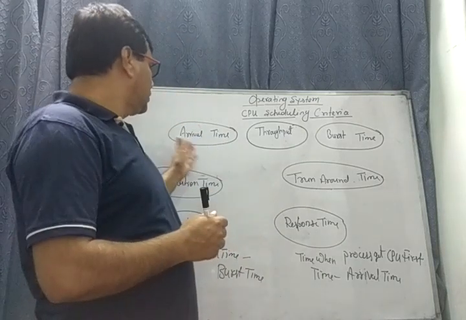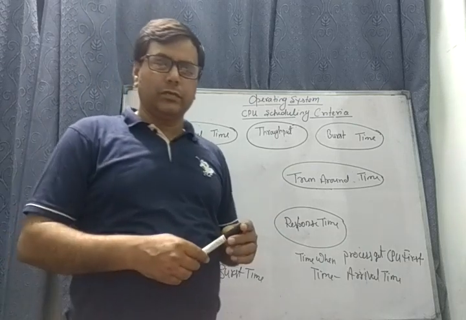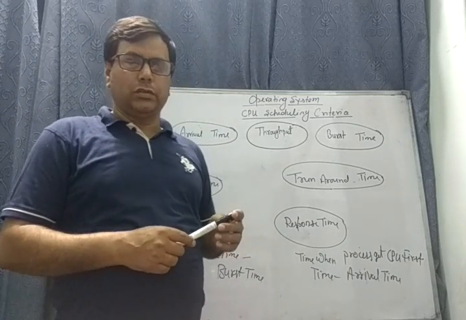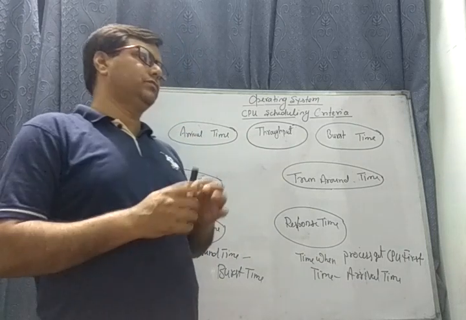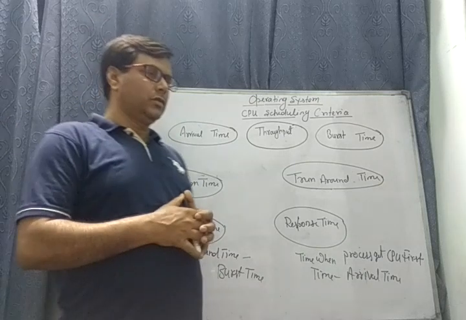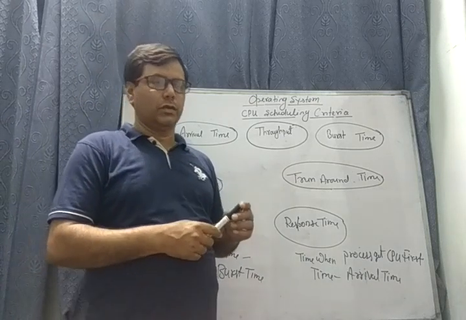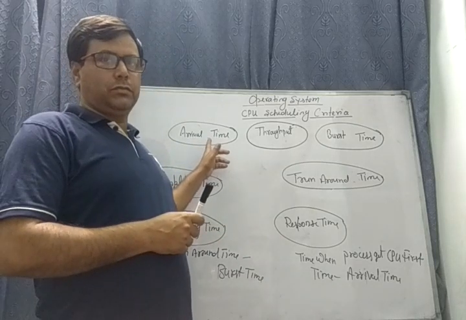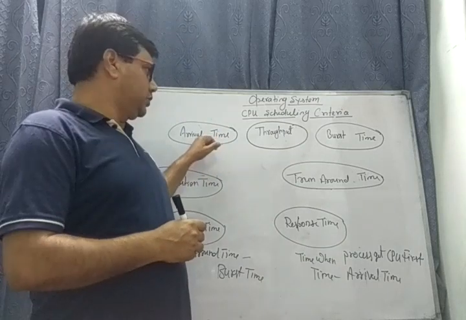And next, arrival time. Arrival time is the time at which the process enters into the ready queue for execution. This is a point of time, not a duration. Note it.